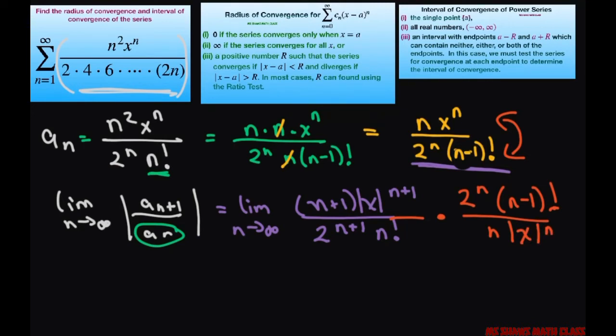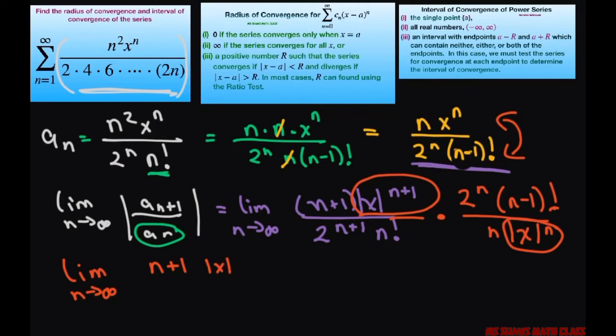Now this gives us the limit as n approaches infinity, and this part right here, we're going to get n plus 1, and then if you look at these two pieces, that's just going to be absolute value of x.